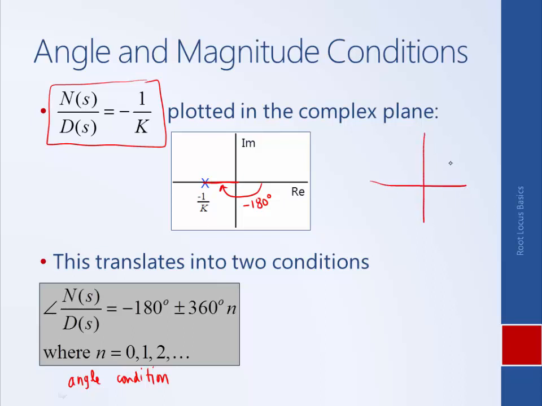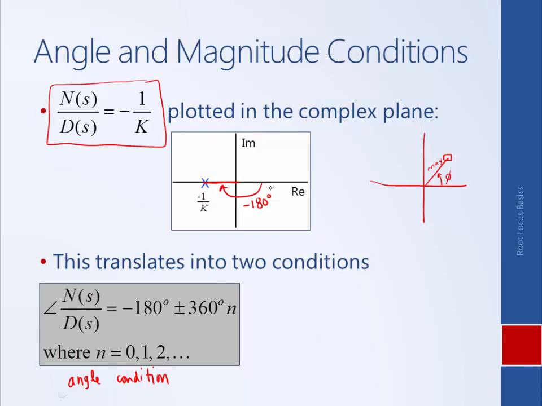So in general, if this is a complex number that we get when we plug this in, it'll have some phase and it'll have some magnitude. In order for this to be satisfied, our phase needs to be minus 180 degrees. It needs to equal the phase of minus 1 over k.